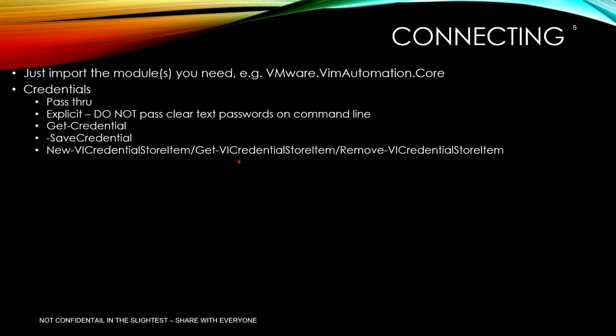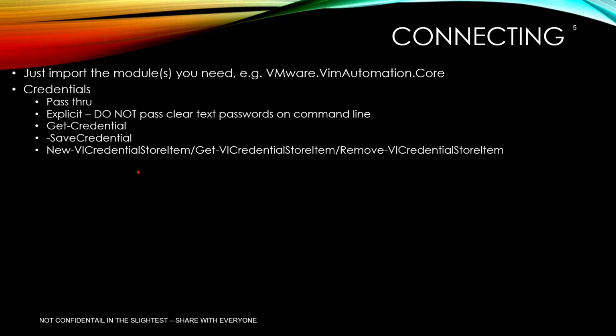So the credential store items can be a useful way to have credentials saved on a machine that you're going to run scheduled tasks from, so you don't have to worry about saving or passing credentials through to the script. You just do a one-time saving of those credential store items, unless of course you're using an AD account to run the scheduled task, which has directly got the permissions in vCenter anyway.